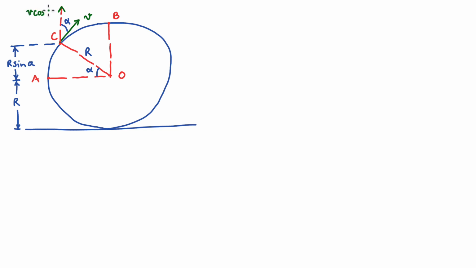Therefore, the vertical component of the velocity v is v cos alpha. Now this alpha is where our adventure starts. For some value of alpha, the total height attained by the mud particle is maximum. The question is, what is that alpha and how do we find it?